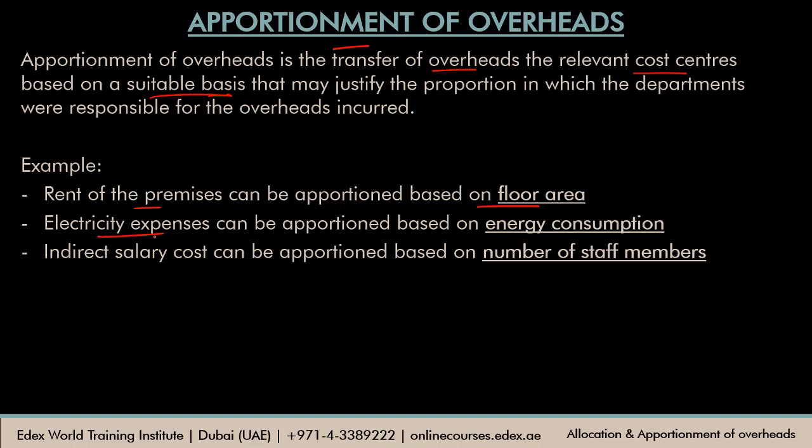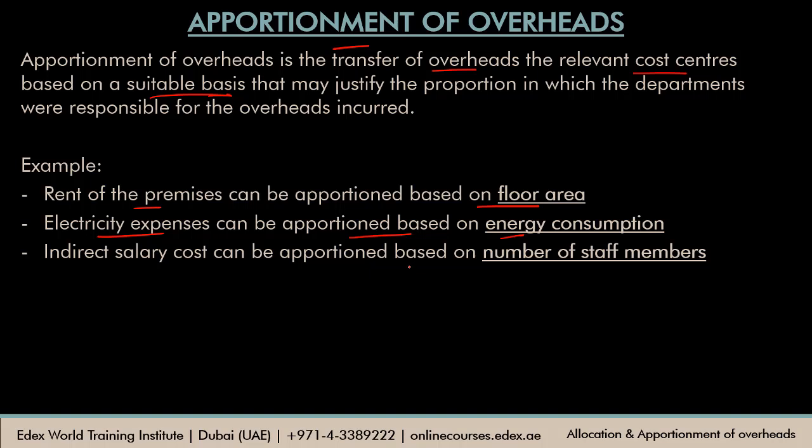Electricity expenses of the entire factory, again, you cannot say specifically that it is by one single department, because the business might generate a single electricity bill, not department wise. So this cost can be apportioned based on the energy consumption by these departments. If the meters are available and if the business is measuring exactly how much electricity is being consumed by each department, then it becomes easy. Based on the energy consumption, you can apportion the electricity cost over these cost centers.